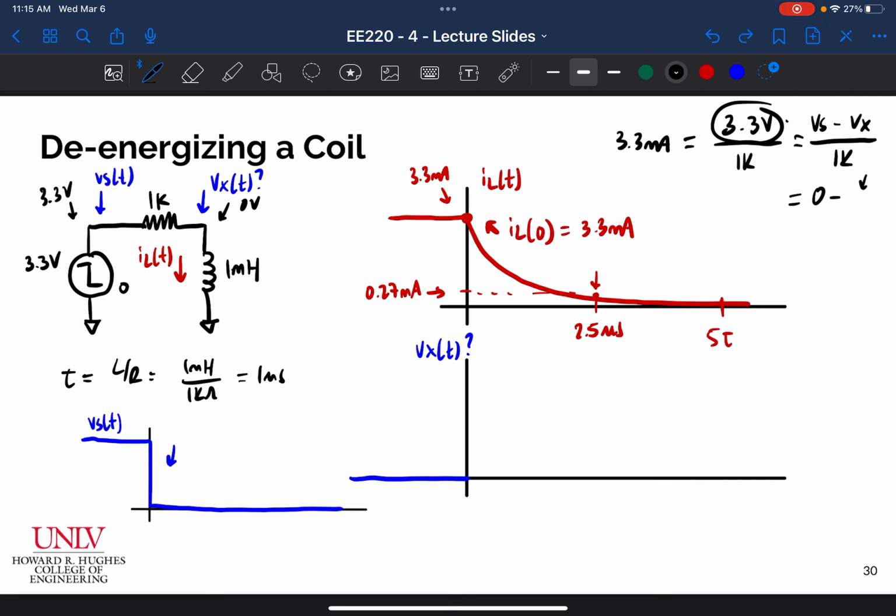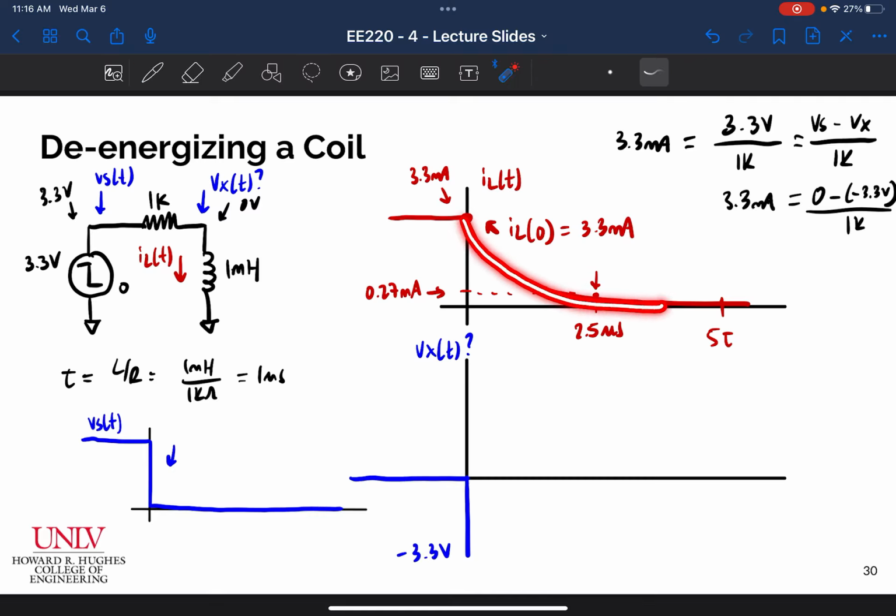It's going to have to be negative 3.3 volts. In order to keep the correct amount of current flowing, my voltage at the node Vx shoots down to negative 3.3 volts. Then as this current bleeds off, my voltage comes back up to 0, just like this.